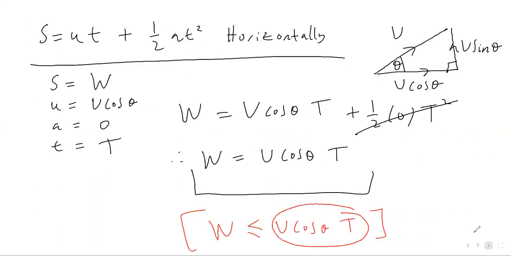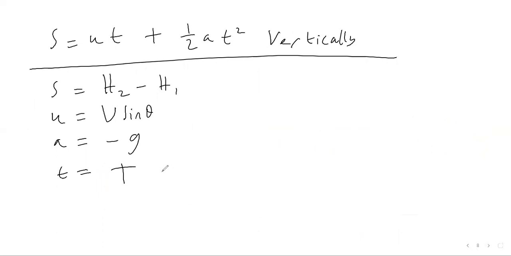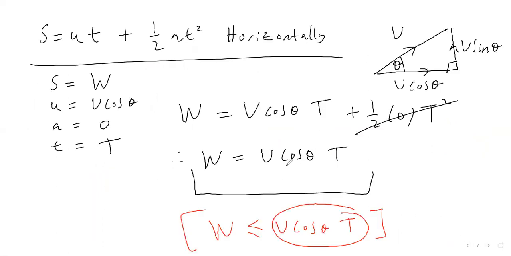And what we can actually do is, if we look at the formula we got down here, we'll just write this over here. Capital T is equal to W divided by U cos theta. Now, if it was one of those inequality questions that I was talking about before, where you want to travel at least W meters in the horizontal direction, then your T would be bigger.